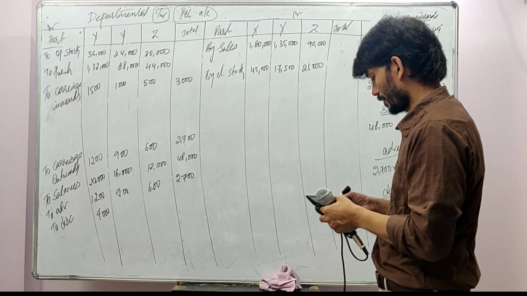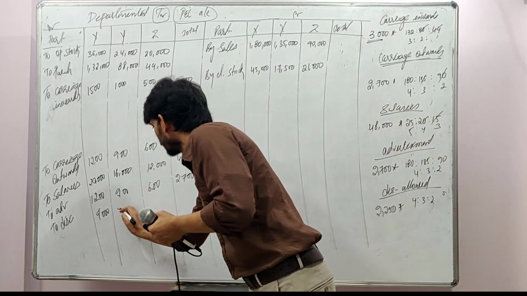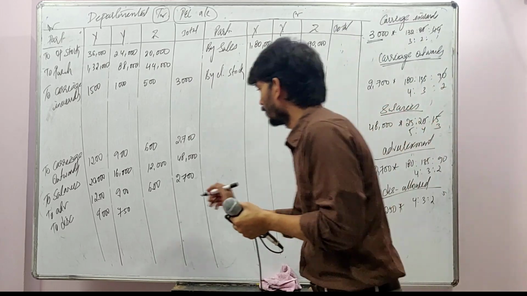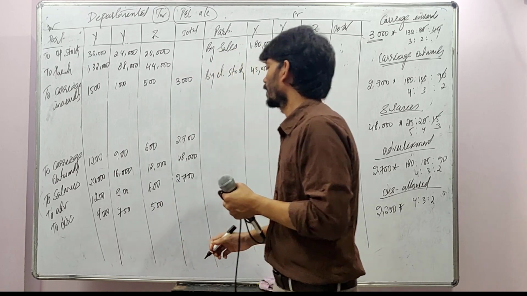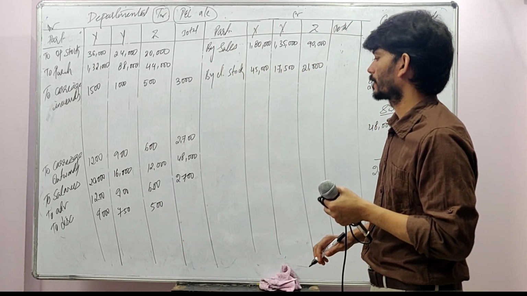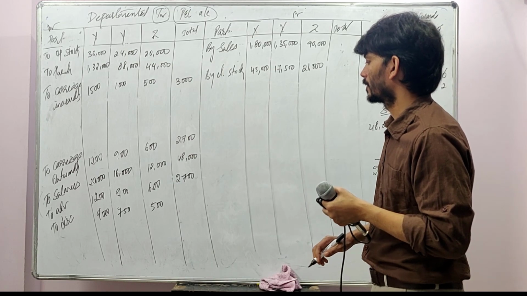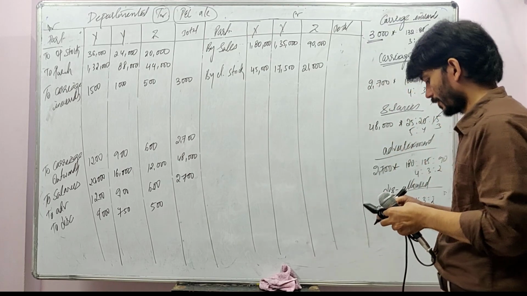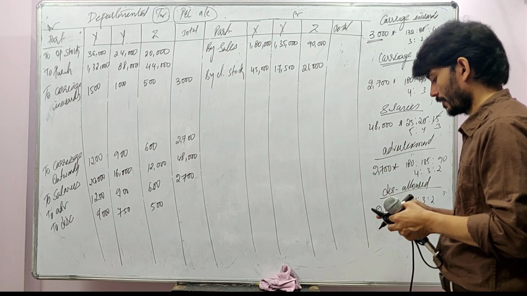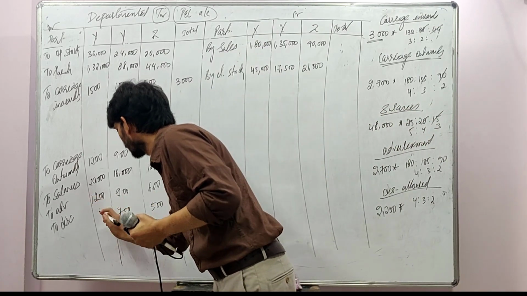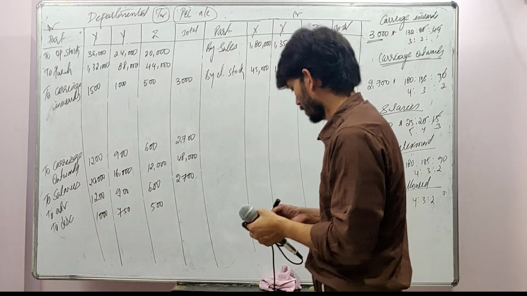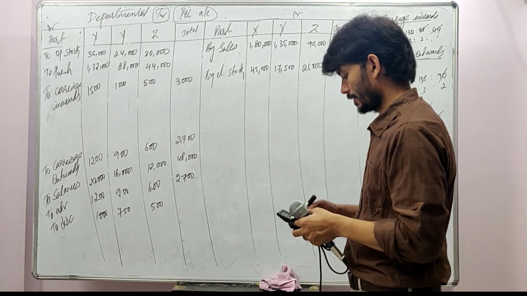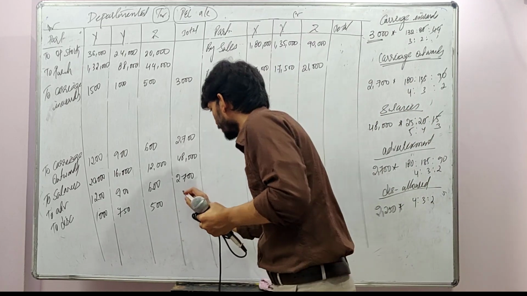Divided by 4 multiplied by 3 is 750. Divided by 3 multiplied by 2 is 500. So 1000, 750, 500, total 2250.